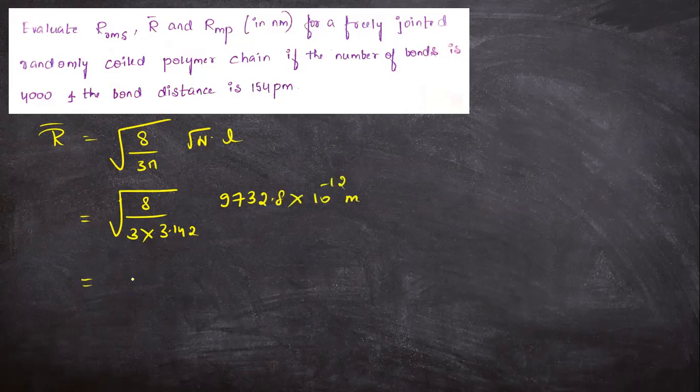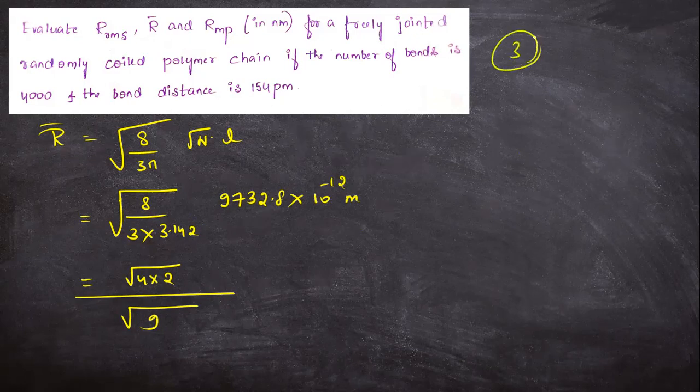This will be 4 into 2 divided by root of 3 3s are 9, just consider 3.1 as 3. If such questions are given in NET, if it is 3.142, better to consider it as 3 itself approximately. 3 into 3 will be 9, into 9732.8 into 10 raised to minus 12 meter.